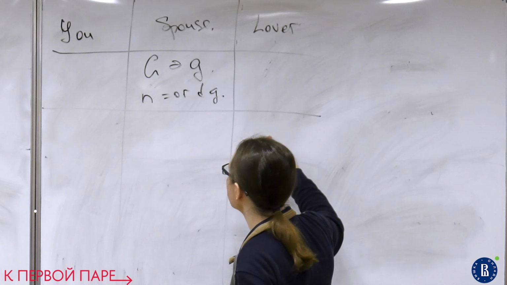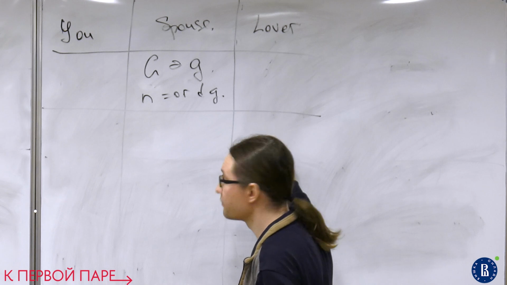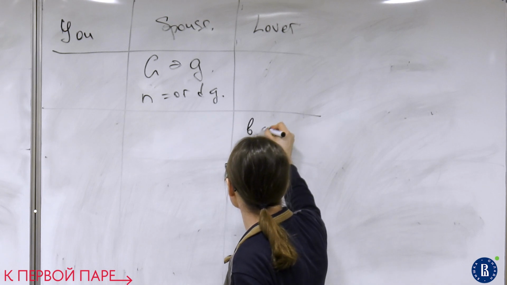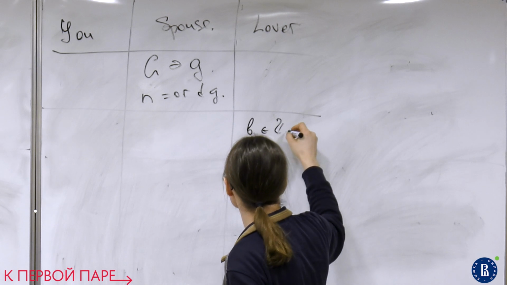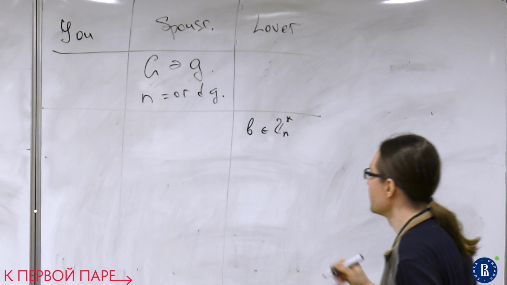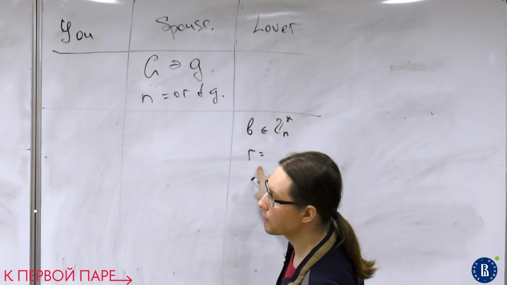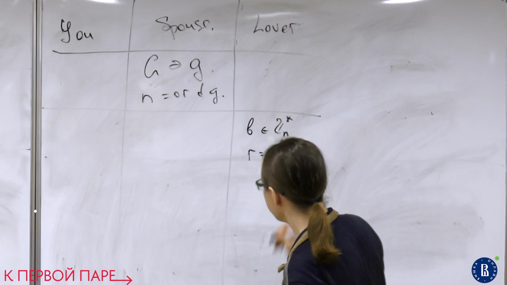Well, you need an invitation to send a message. In order to generate an invitation, your lover generates an element b from Zn star and generates a public key R being g to the b.